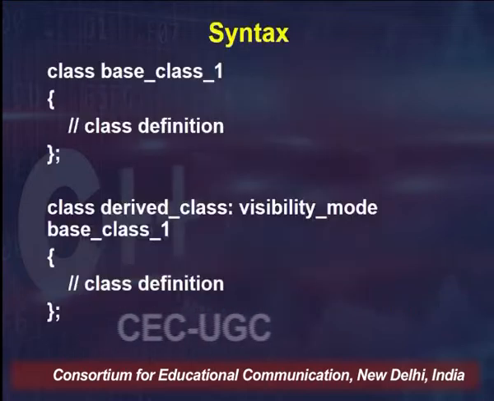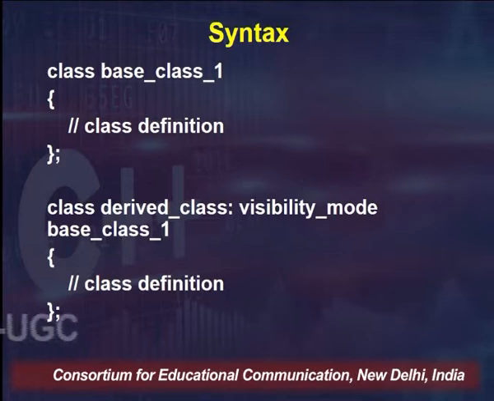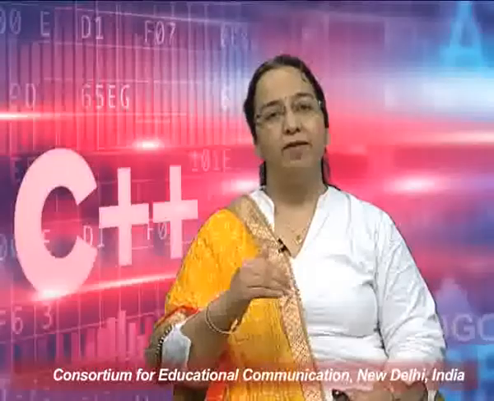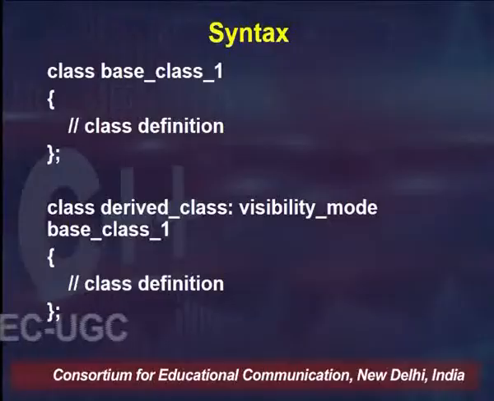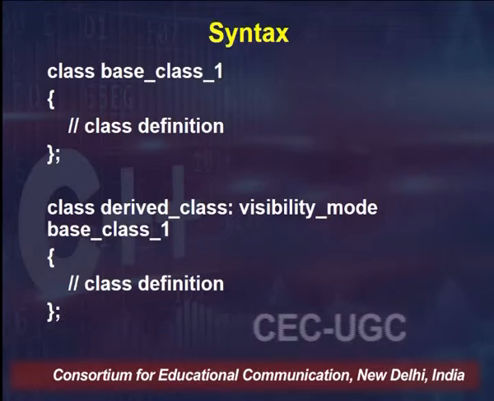Now coming to the general syntax, that means how it is going to be defined programmatically. Here we will have one base class named base class 1, and there is going to be a class definition of that base class.